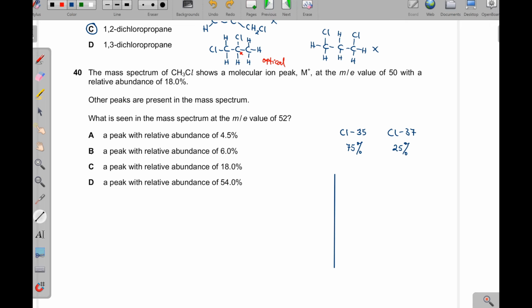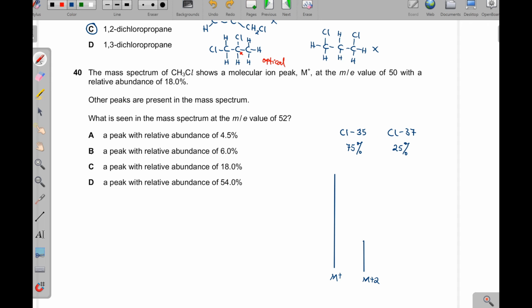So you are going to have another peak here, which is a third of this one here. If this is the M peak, then this one will be the M plus 2. Why are we saying M plus 2? It is because we have these 2 isotopes that differ by 2.